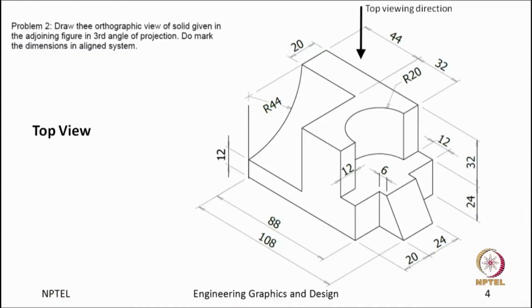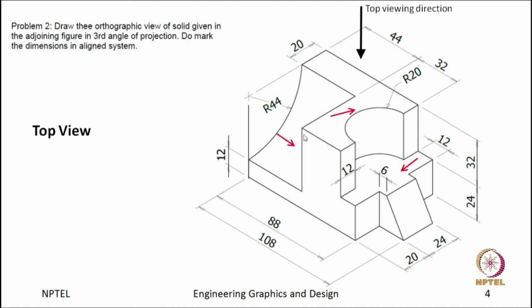What are the major features in our top view? If we look from the top, first we will see this surface, this whole surface. What is the next feature? This area, this whole zone with the curved face, with this whole area we will see from the top view.